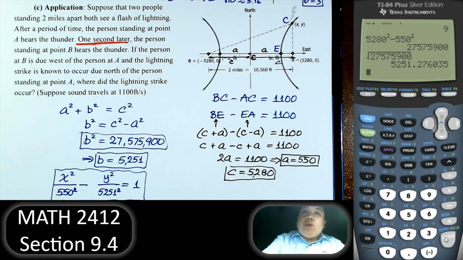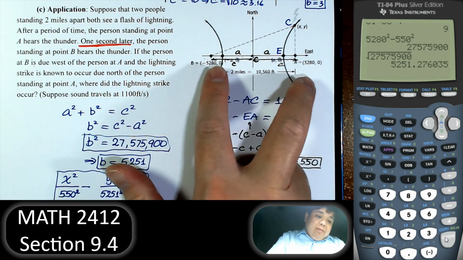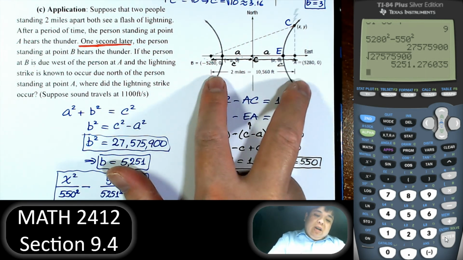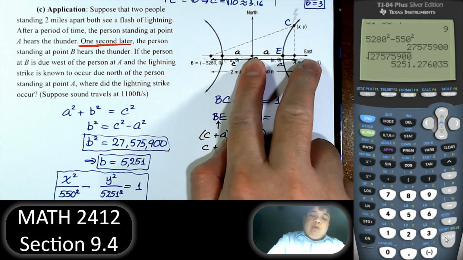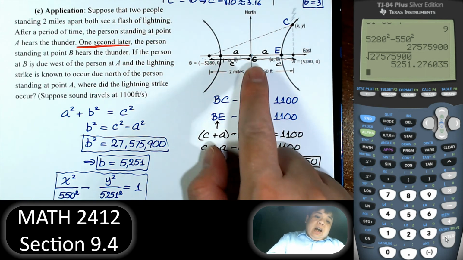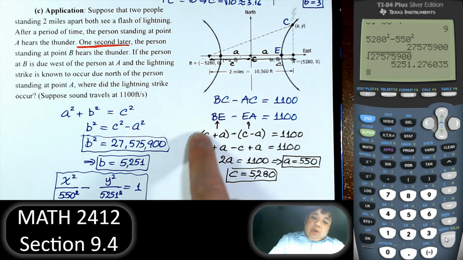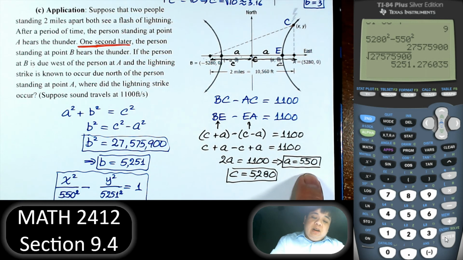Right, so once again, they are 2 miles apart, so that is the distance. Cut that in half, give us the distance c from the center to a focus. Next, from the center to the vertex, we do the math and we figure that out. That is 550.